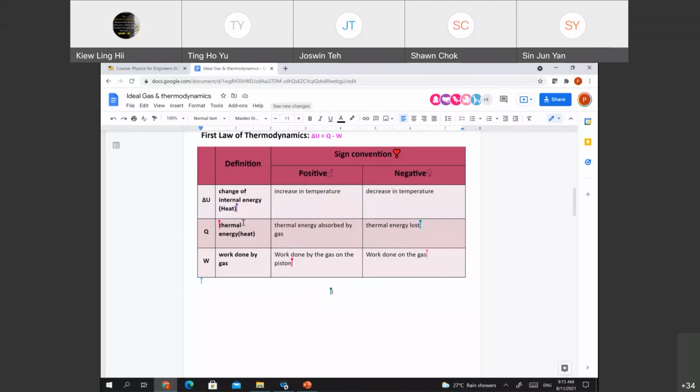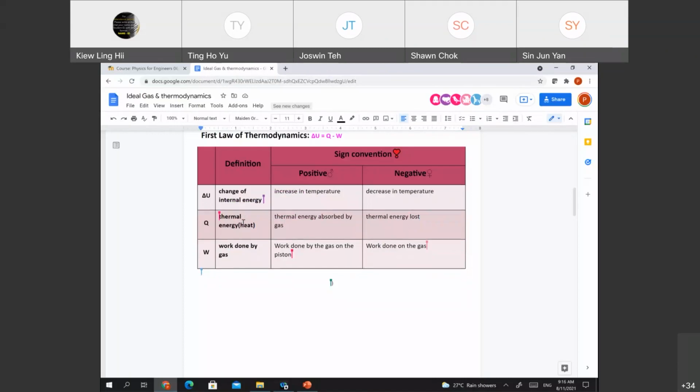So positive delta U means increase in temperature, correct? Negative delta U means decrease in temperature. Q is thermal energy absorbed by the gas, or thermal energy lost to the surrounding. W is work done by the gas on the piston, very good, or work done on the gas. So perhaps for W, put a bracket for positive: expansion. Negative, put a bracket: compression.